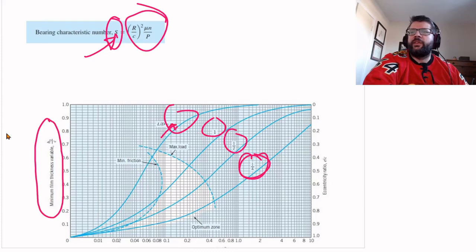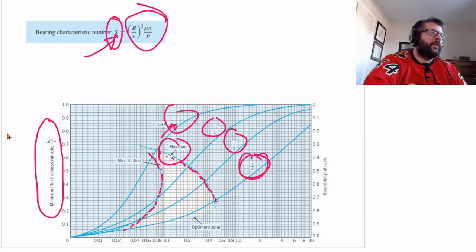And there's an area that can be described as the optimum zone. That's basically the boundary between the maximum load for a particular bearing and the minimum friction for that bearing in those operating conditions.